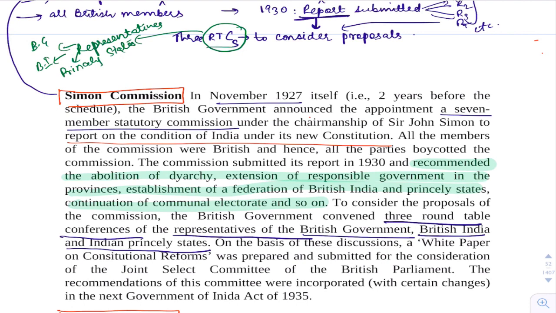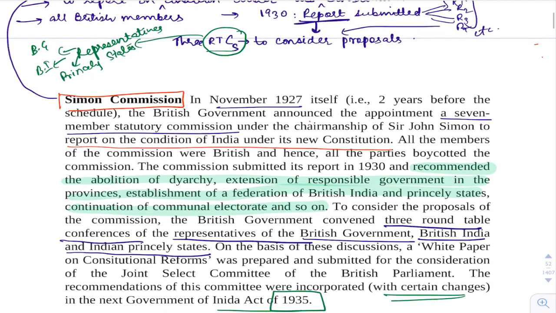Now on the basis of these discussions, a white paper on constitutional reforms was prepared and submitted for the consideration of the Joint Select Committee of the British Parliament. The recommendations of this committee were incorporated in the next Government of India Act 1935 and certain changes were made.